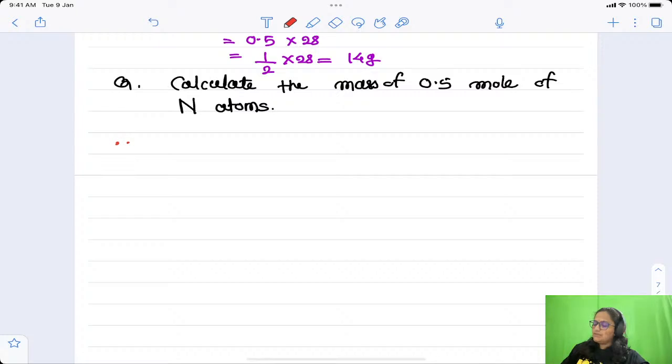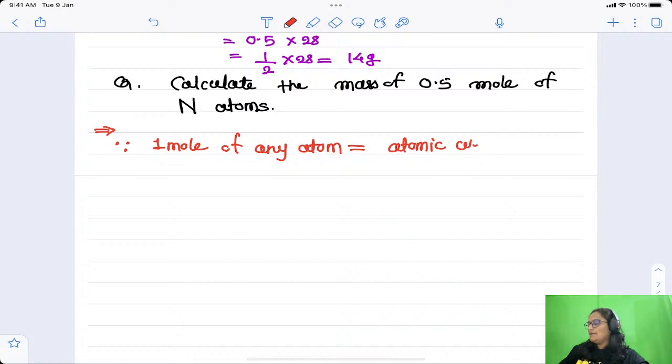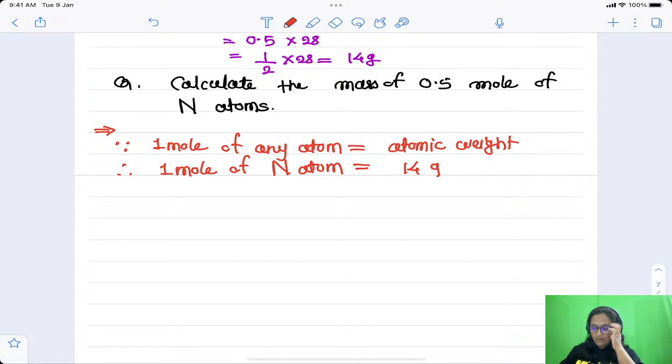Similarly here also, as we know, 1 mole of any atom is equal to its atomic weight, right? Therefore 1 mole of nitrogen atom is equal to its atomic weight, which for nitrogen is 14 gram, right?